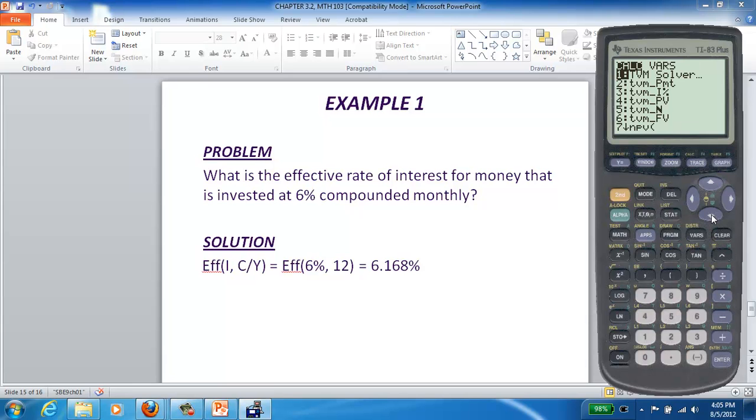Now you don't go to TVM solver, you scroll down to letter C, effective rate, and then 6, comma is next to x squared, 12. Why 12? Because it's compounded monthly. So the effective rate will be 6.17%, or the exact one I use here, 3 decimals, 6.168.